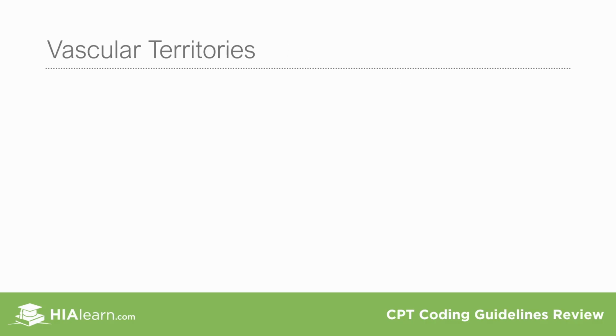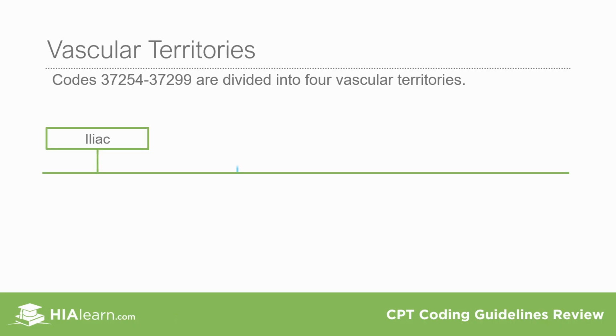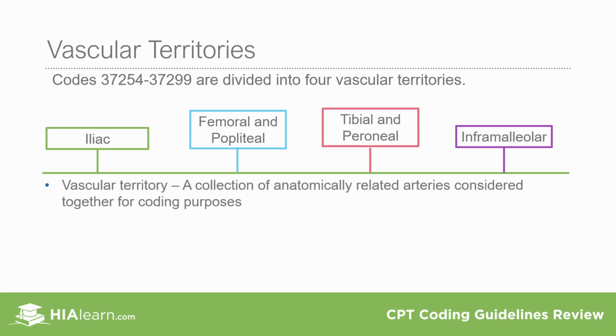Codes 37254 to 37299 are divided into four vascular territories: iliac, femoral and popliteal, tibial and peroneal, and inframalleolar. A vascular territory is a collection of anatomically related arteries considered together for coding purposes.